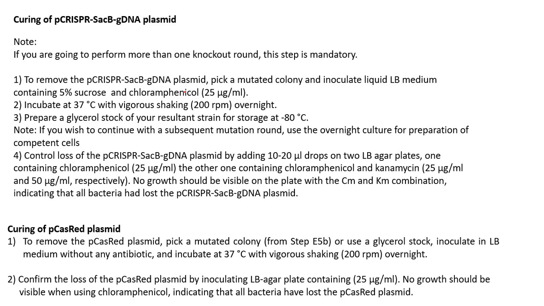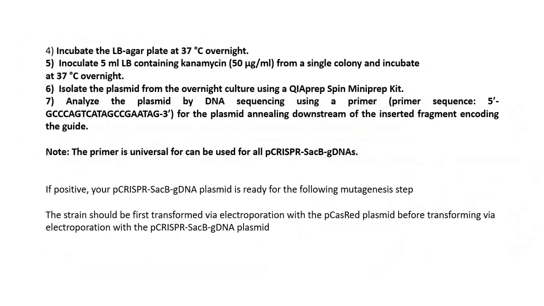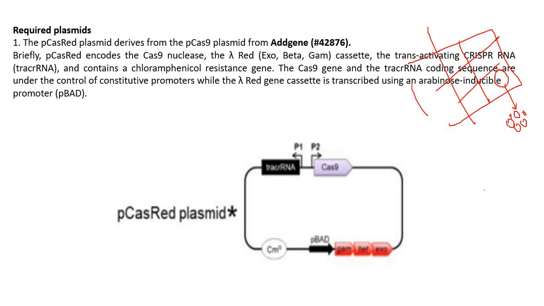If you want to cure it, it's called the curing of this plasmid. Curing of the pCas9 plasmid, because this plasmid has a gene for the chloramphenicol resistance. So just add the kanamycin, and you will not get any kind of growth, because this plasmid has the chloramphenicol resistance gene.